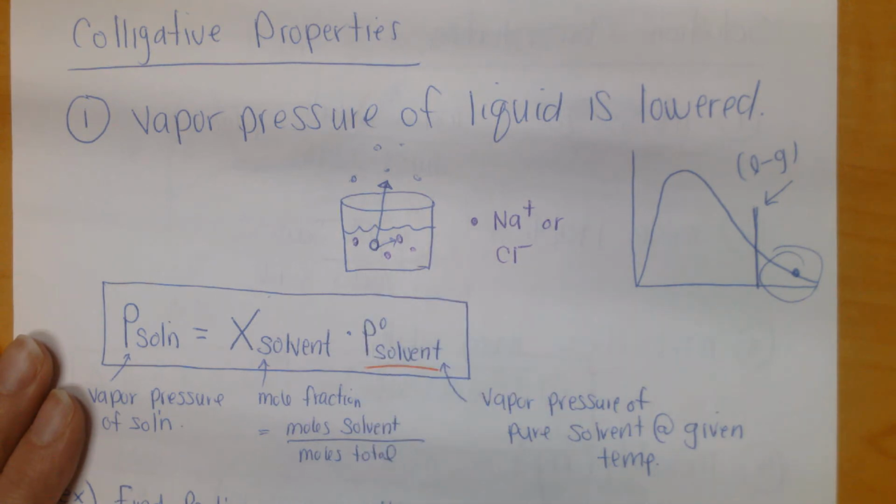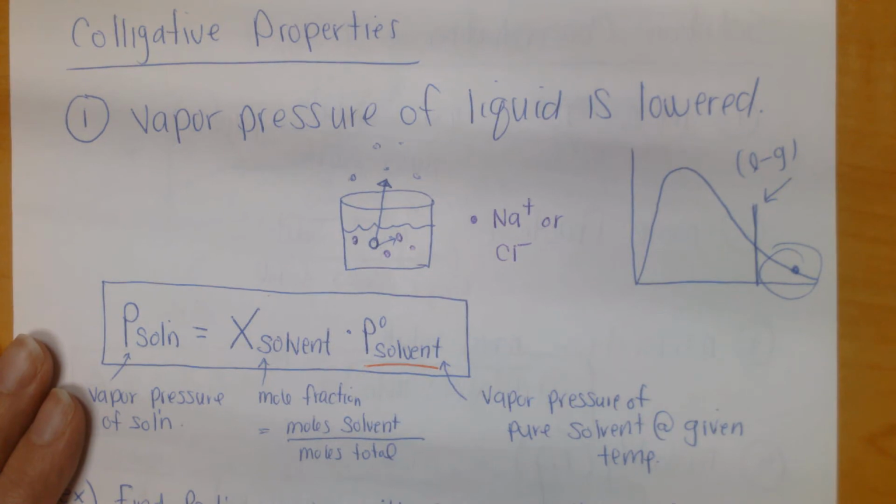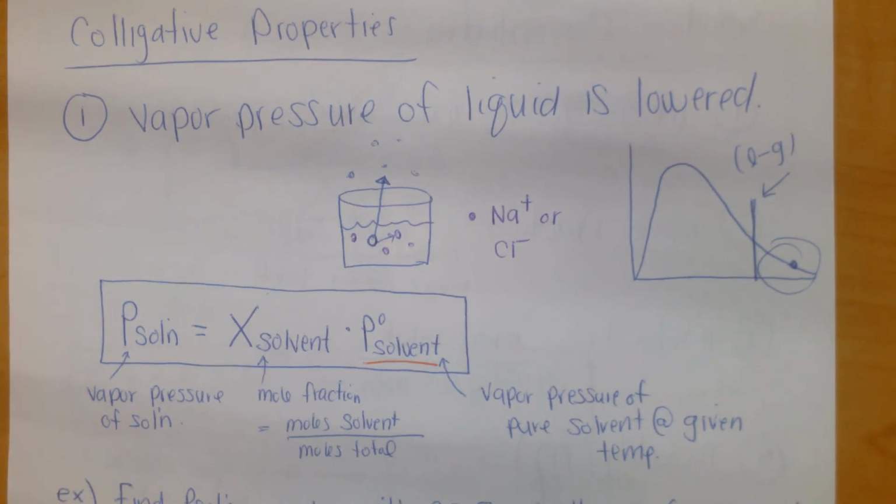When that happens, the particle cannot make it out into the vapor phase, so you're going to get less and less of your solvent able to escape into the gas phase. So it's kind of like a barrier preventing those water molecules from escaping.